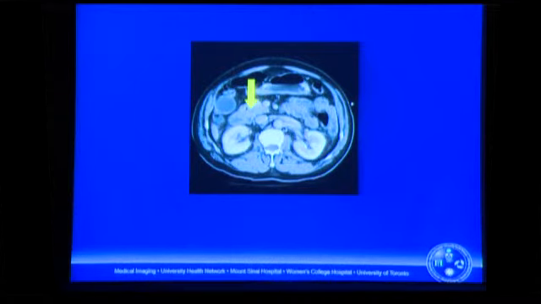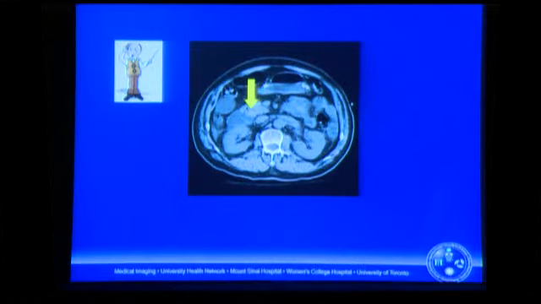So I challenge any of you to tell me confidently, is that a stone or is it an enhancing polypoid cholangiocarcinoma? I don't think any of us can tell for sure. So the teaching point is, if you're going to use CT, you must include an unenhanced scan. So once you have the unenhanced scan, then you can confidently make that diagnosis of a CBD stone.